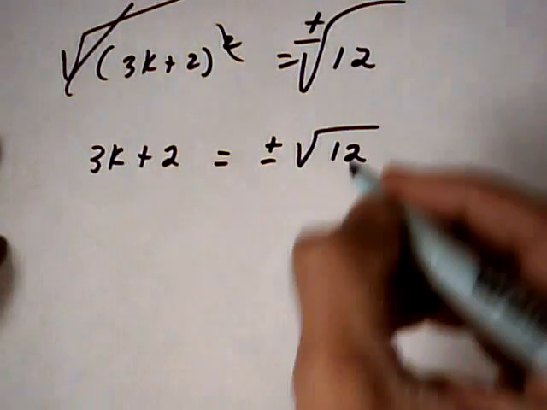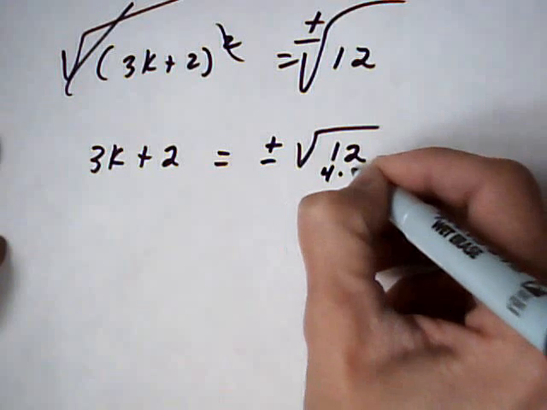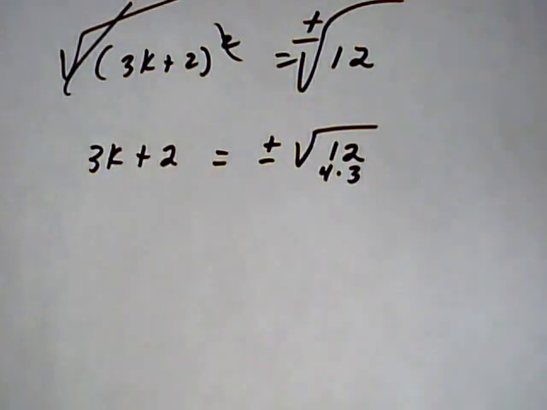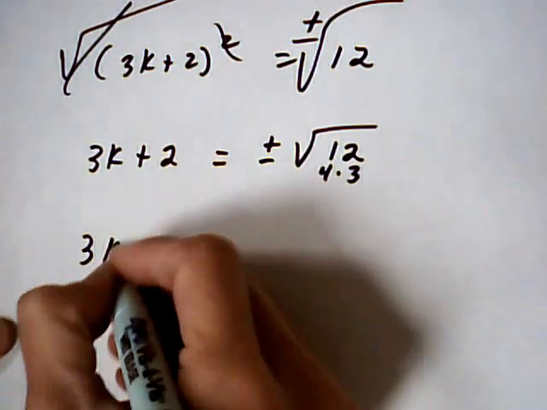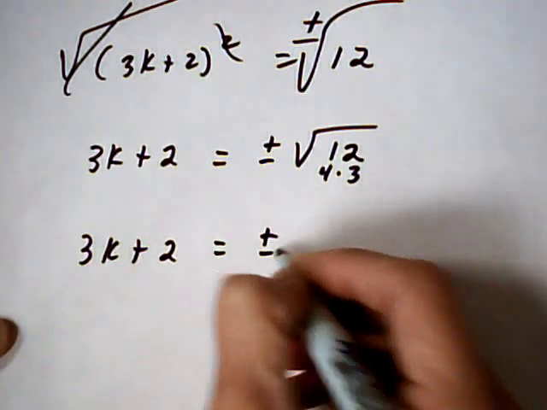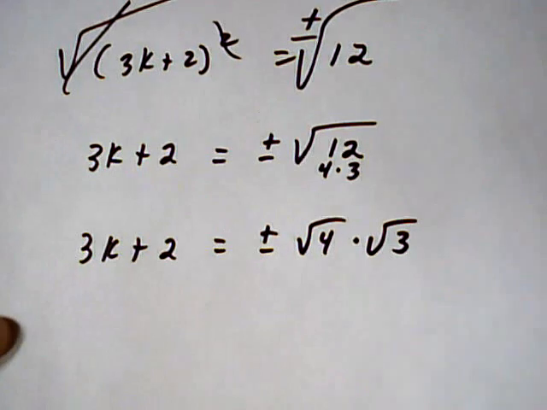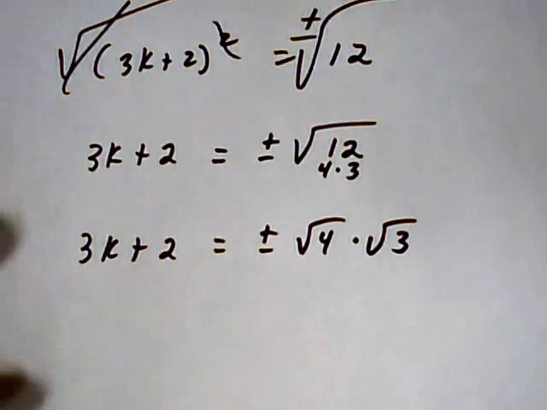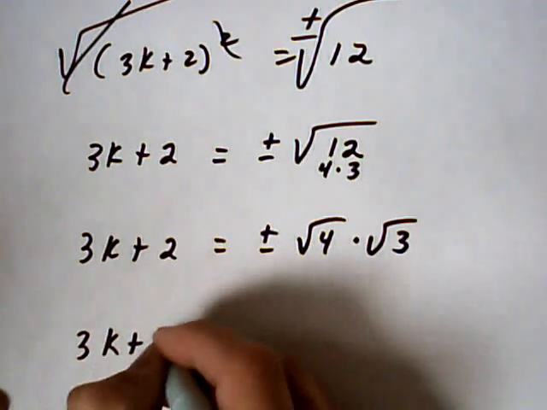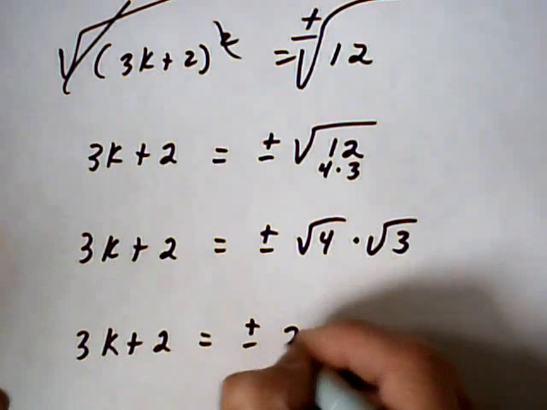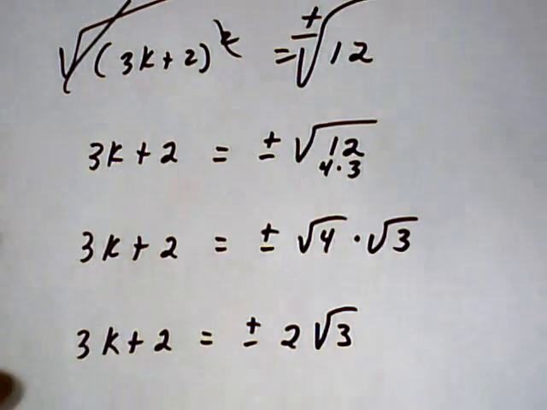Now, root 12 we can simplify a bit, because it's 4 times 3. So we can write it as 3k plus 2 equals plus or minus root 4 times root 3. And we can do the root 4, which is 2. 3k plus 2 equals plus or minus 2 root 3.